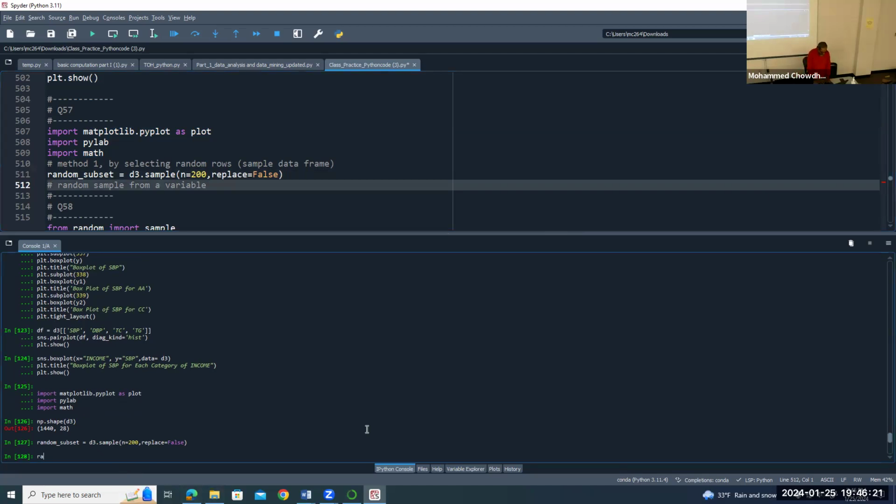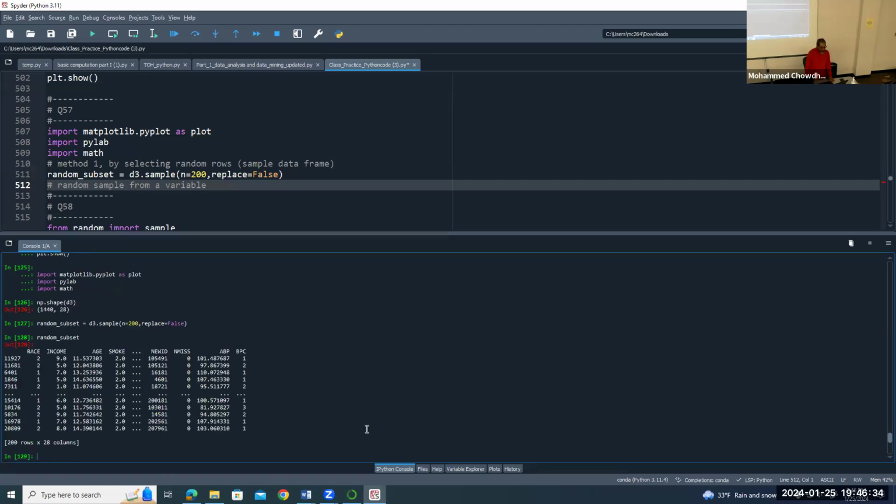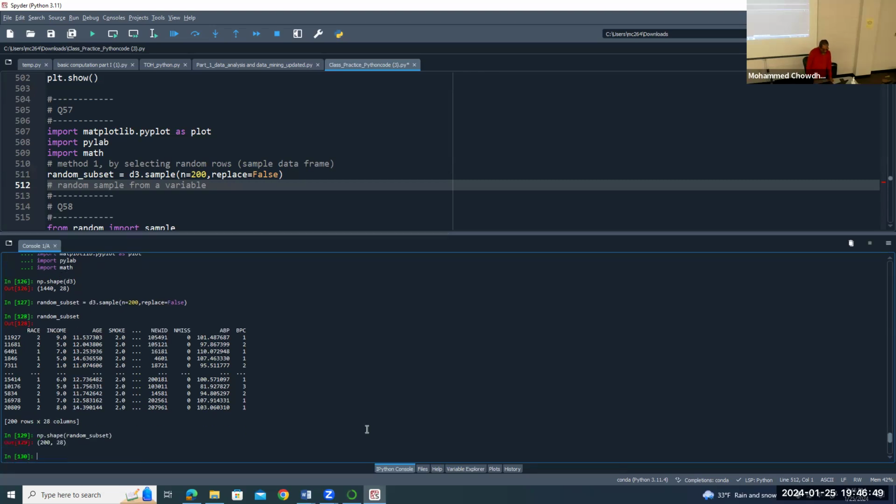So if I write here random subset, this is the way I can see. This is the 200 rows, okay? So if you write here np.shape, we got 200 rows.